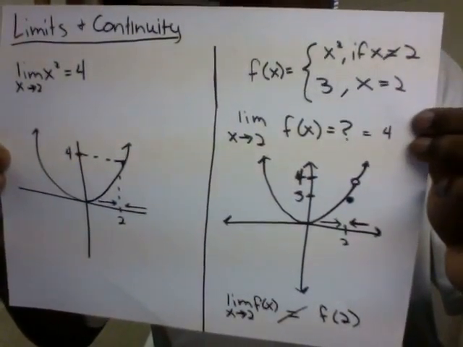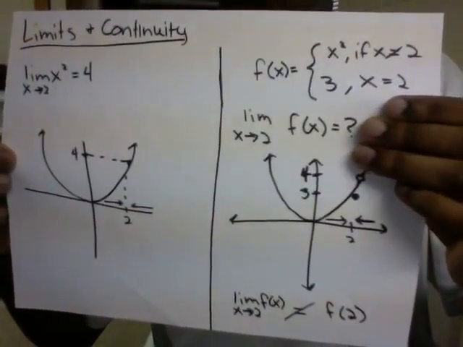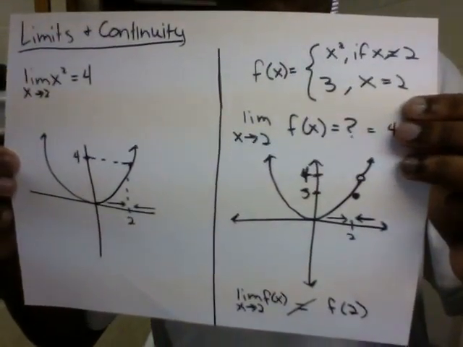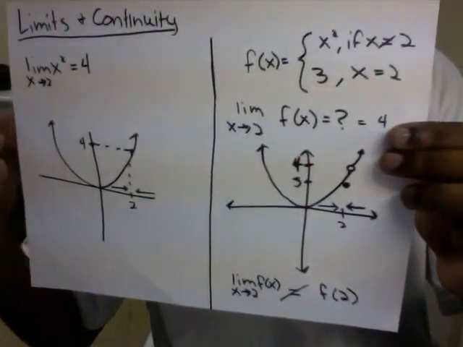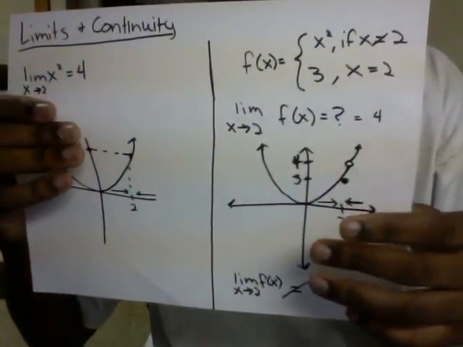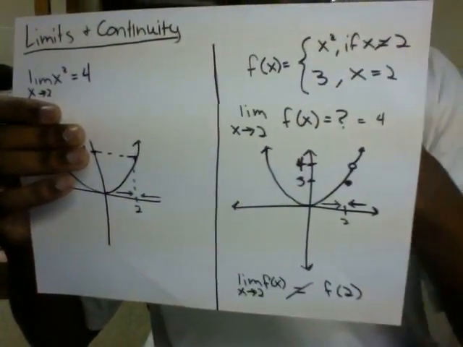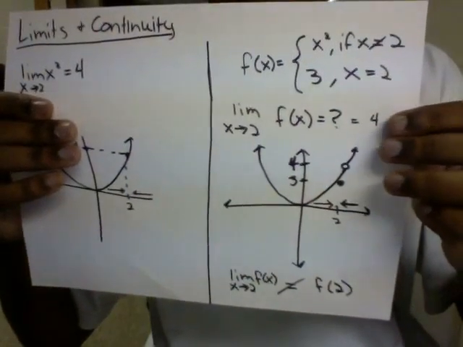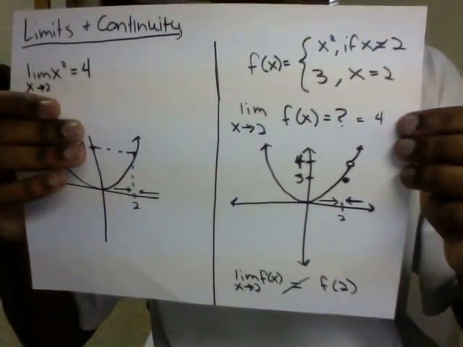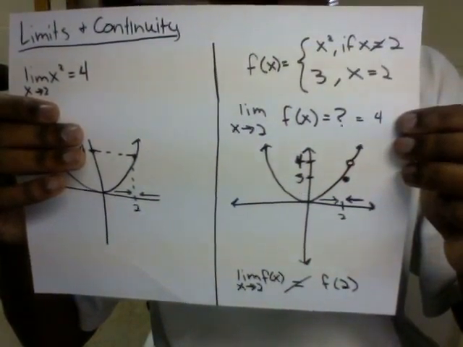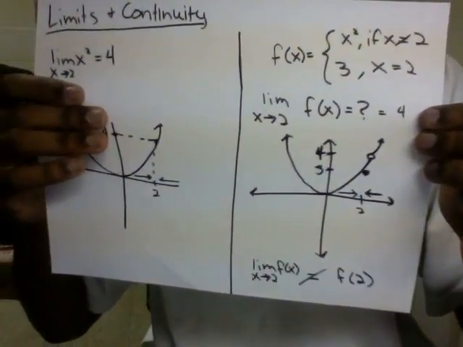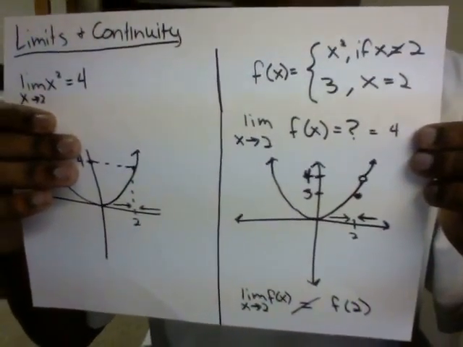We don't know exactly what the limit would be at first, covering up our answer, but we can look at the graph and see that it is the same graph, x squared, approaching the same point. Yes, it is approaching 4. As x is approaching 2, it's approaching 4.